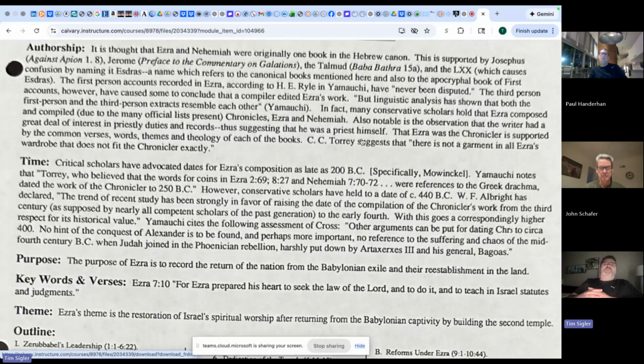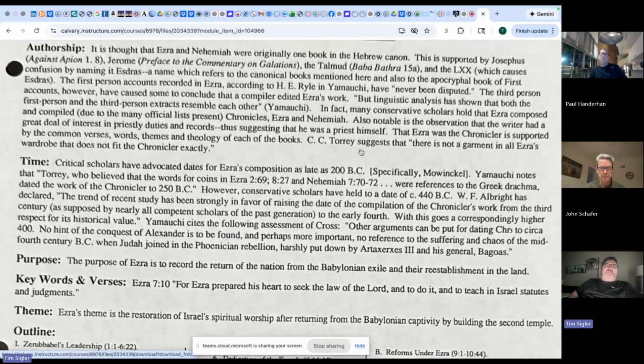So we want to address those challenges, but also understand them properly and then respond from a faithful, high view of Scripture and its trustworthiness, authority, and inerrancy.